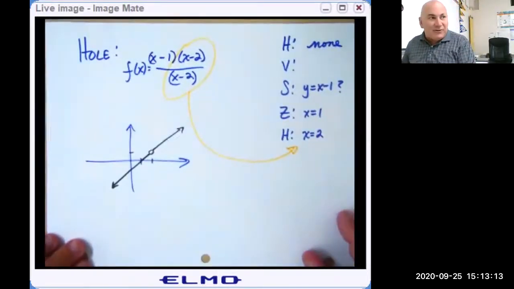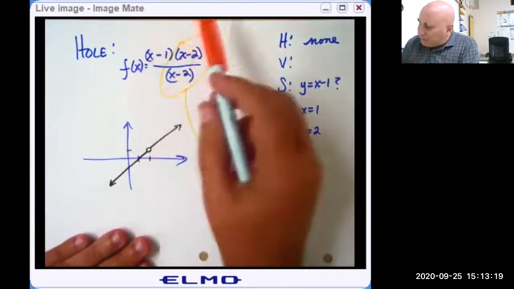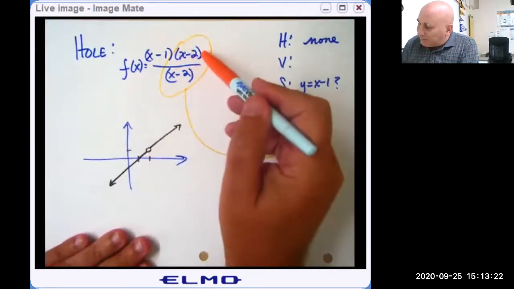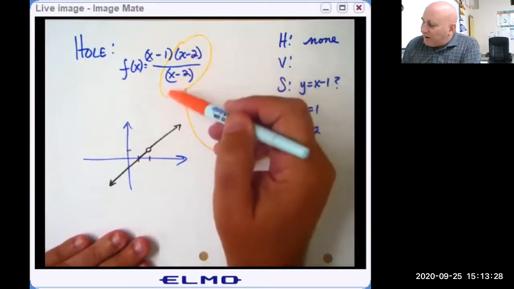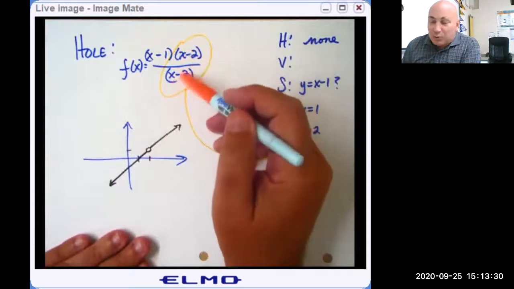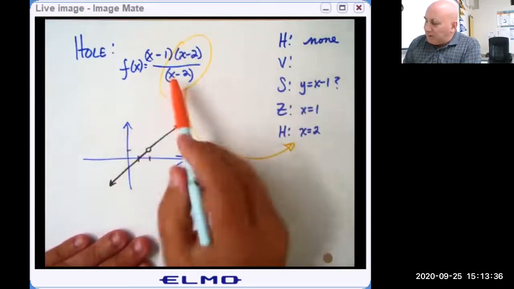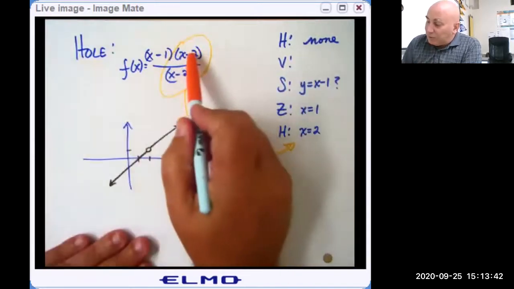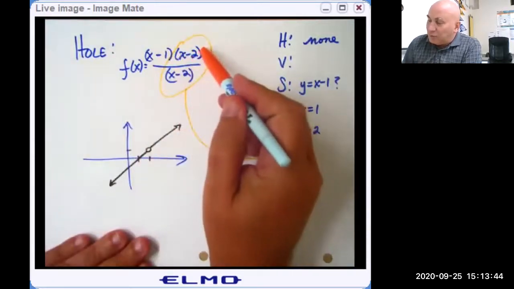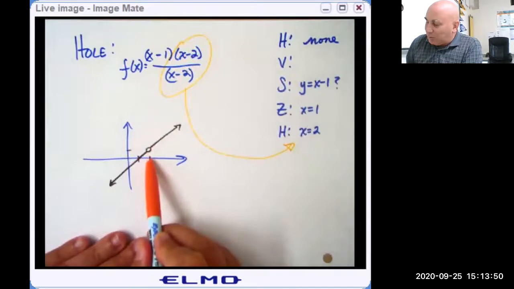And lastly, there's a hole. You may not have encountered this before. So here's our function. It's x squared minus 3x plus 2, all divided by the quantity x minus 2. You can see that for every value of x except 2, these are going to cancel. But 2, you might say, well, 2 should be a vertical asymptote. No. If you have the x minus 2 in both the numerator and the denominator, they cancel everywhere except at x equals 2.